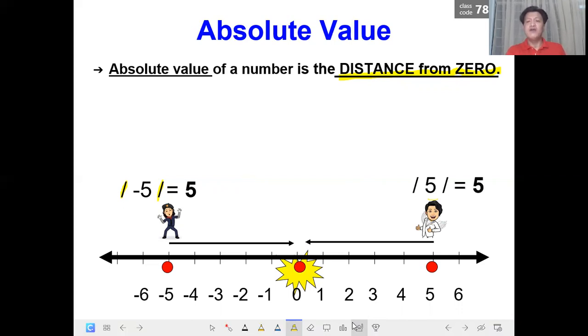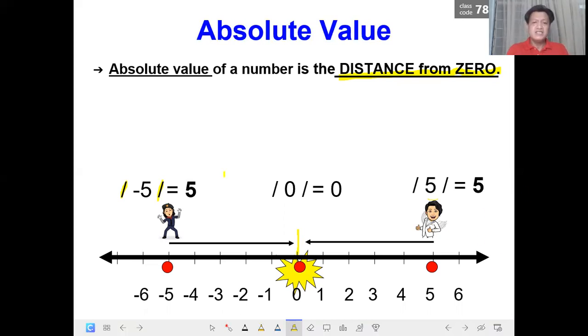That is, the absolute value of 5 is positive 5. And what if kunin natin yung absolute value of 0? Di ba nandito yung 0 natin sa gitna? What is the absolute value of 0? That is 0 because there is no distance. Di ba? Nandyan ka lang sa starting point. Hindi ka naman lumakad either going to left or right. Kaya absolute value of 0 is 0 din.